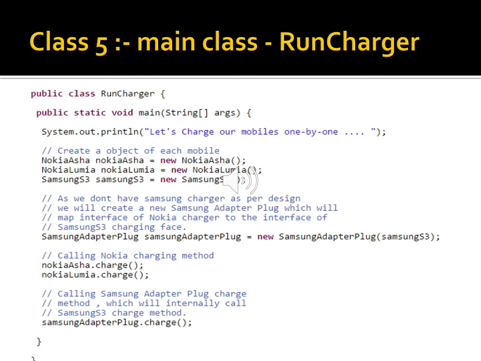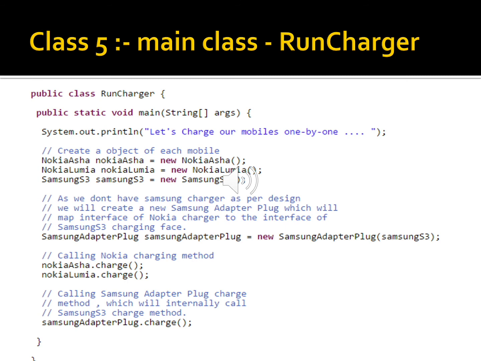In the next line, you can see that we are also creating the instance of our plug, or our adapter class. Inside this constructor, we have passed the reference of our adaptee class, which in this case is Samsung S3. By passing the reference of the adaptee, you can connect it with the target interface.